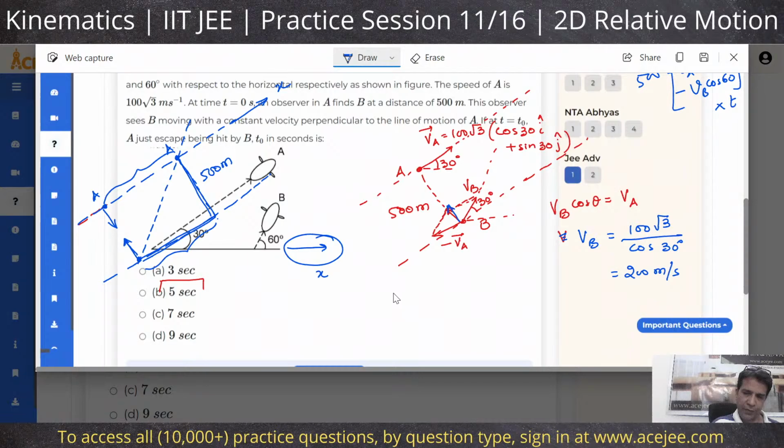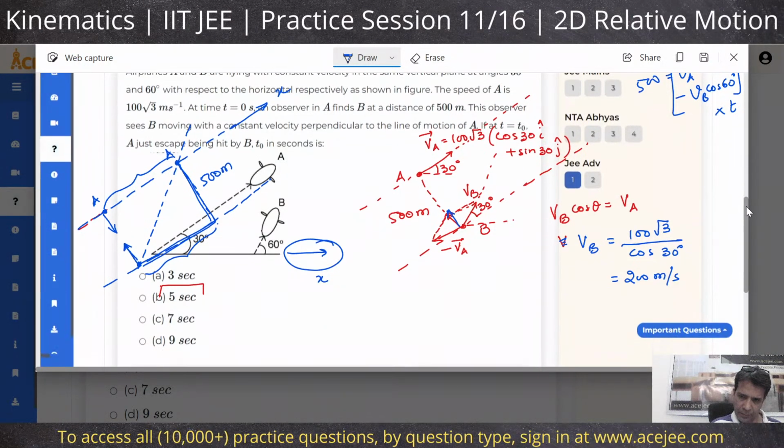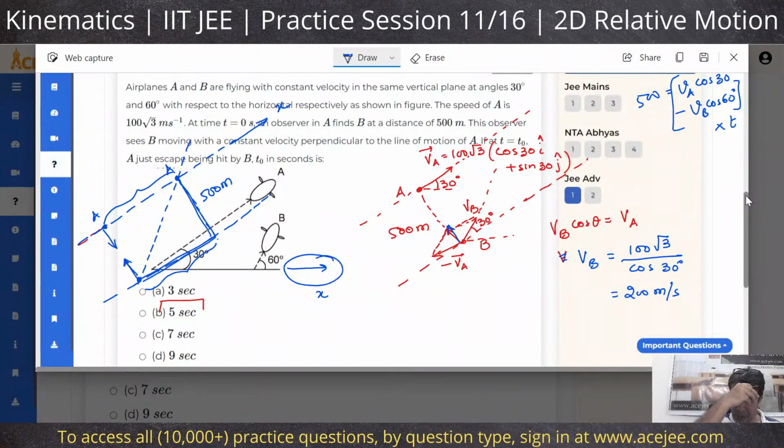So let's quickly figure this out. What you've done here is VA cos 30 along the x direction, I see. And VB cos 60. This is equal to, but beta, 500 is not along the x direction, no? सर वो किसके होंगे?